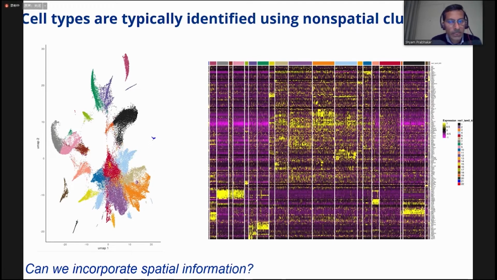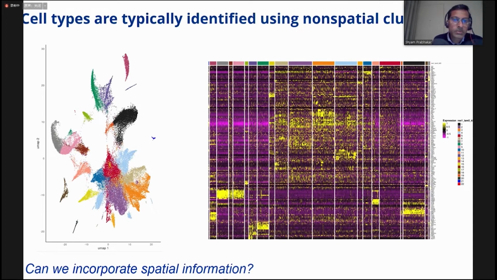There are some methods being developed right now, which are quite sophisticated for incorporating spatial information into cell type clustering, but they either introduce unexpected biases or they're extremely slow and non-scalable.